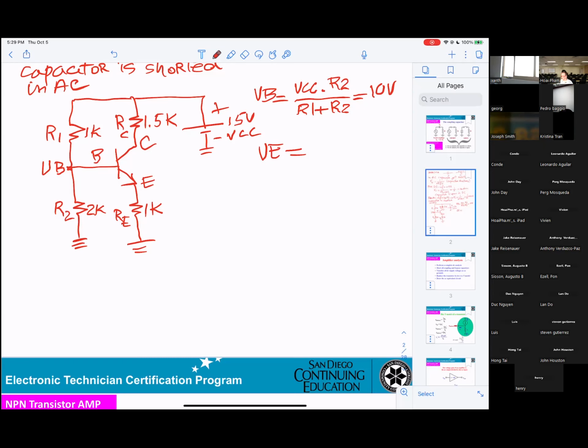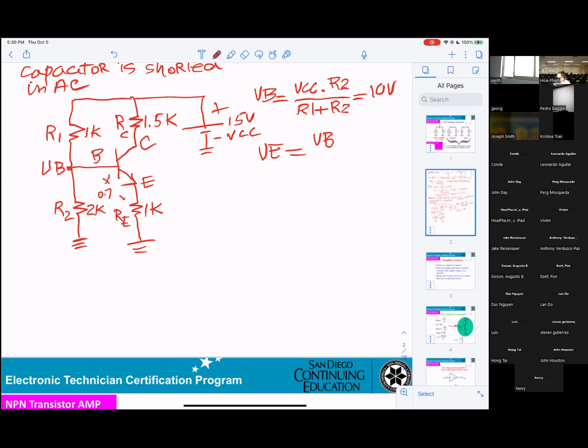VE equals VB minus 0.7. You understand, positive here, negative here, 0.7.